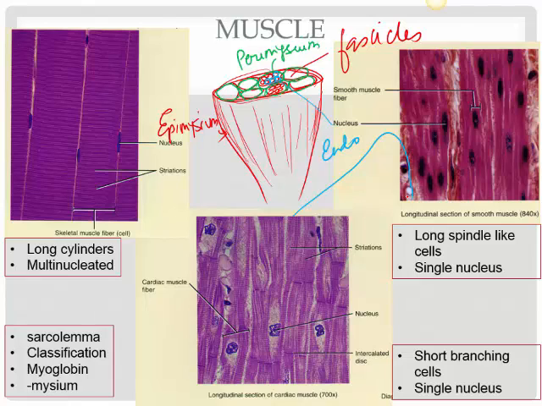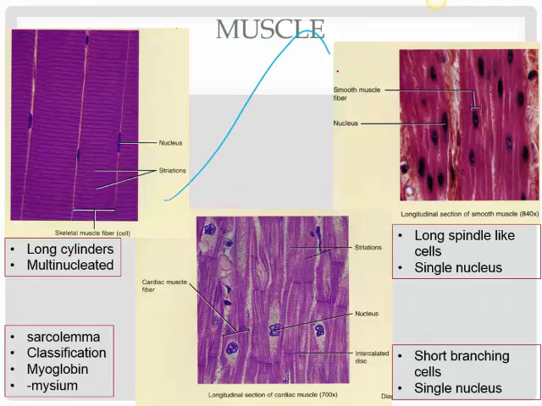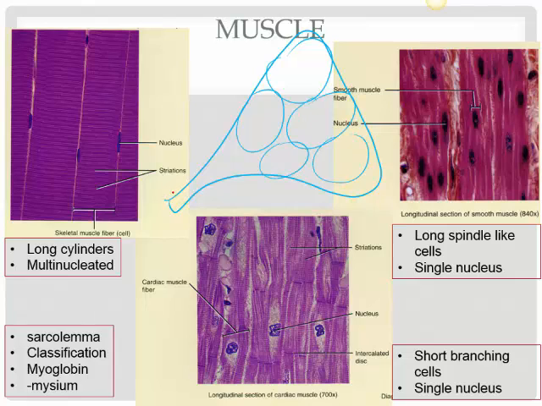So if I give you this example as I showed you for the steak, remember I drew this steak like this, right? And I said this was broken up into bundles that you see in the steak. So your epimysium would be around this entire muscle here. This is epimysium. This going around each bundle is perimysium.